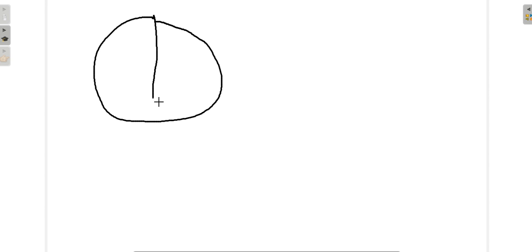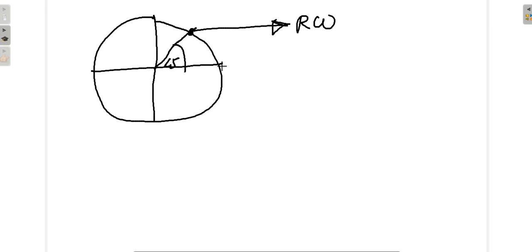Let us see, we want to find a velocity at a point which makes an angle 45 degree with this point. Okay, so it will have a translational velocity r omega, whereas the rotational velocity will be along the tangent.